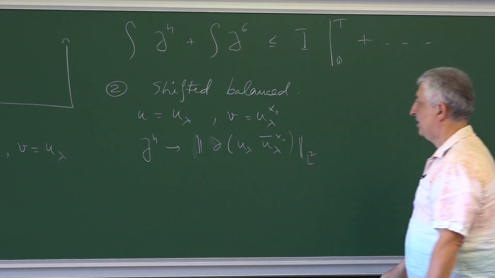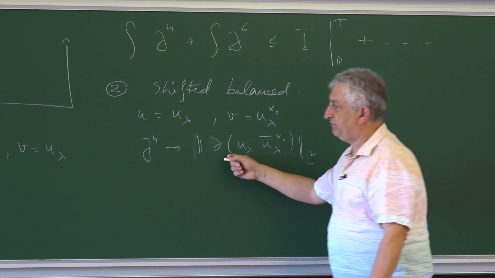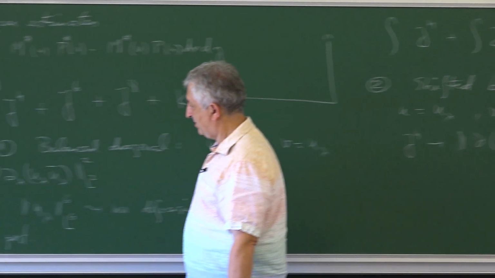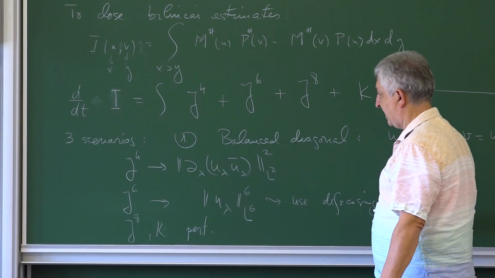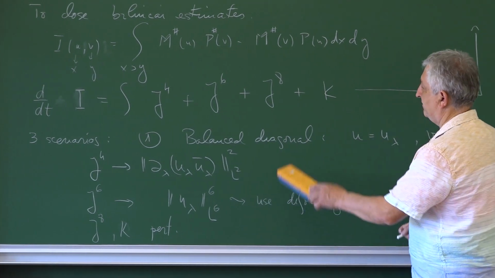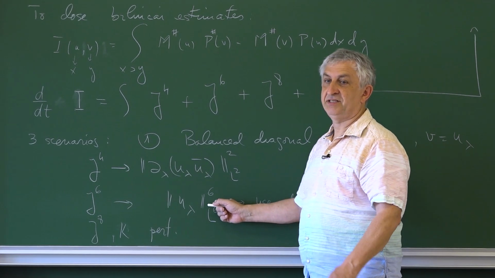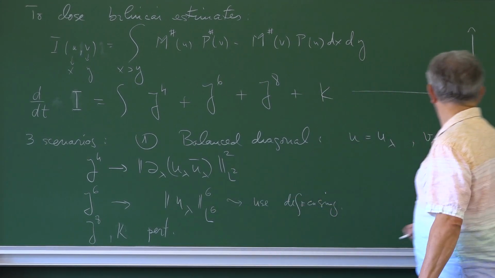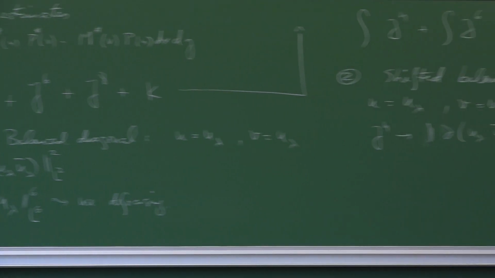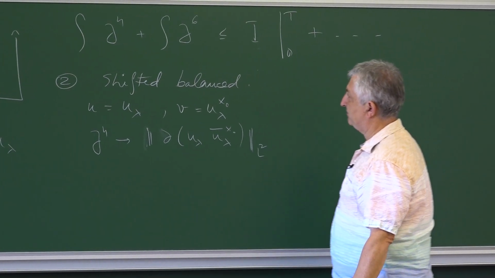So we get mileage from J4. But now for J6, we no longer have a sign. However, in the first case, we have already estimated the norm of u lambda in L6. So now we have it in our pocket. And then J6 becomes a perturbative term.